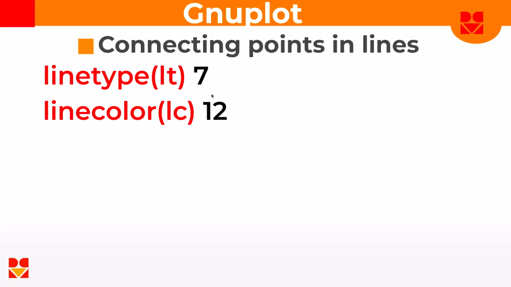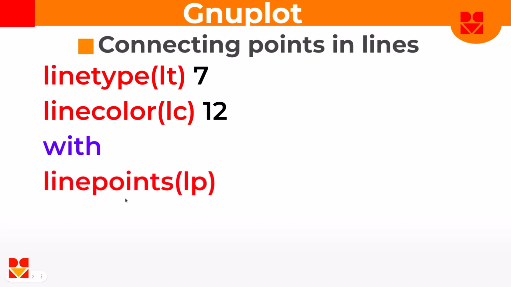And then to configure the line color, as you saw in a graph earlier, you can use the linecolor command or LC, and then you append the number you want. Then if you want to connect the points, you just add with linespoints or LP, or you do with lines. So you can just do linetype this, linecolor this, with linespoints, or with just lines. So basically that is that.